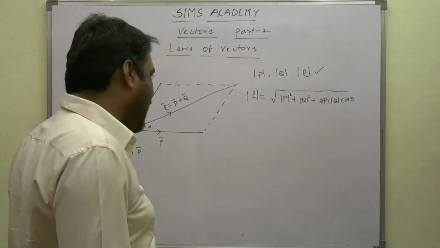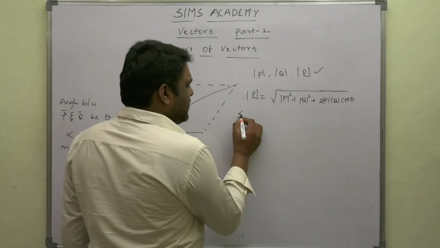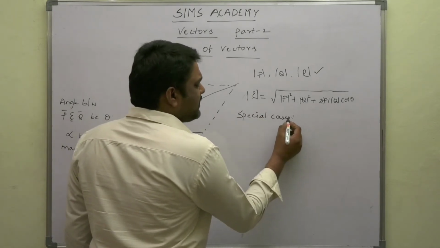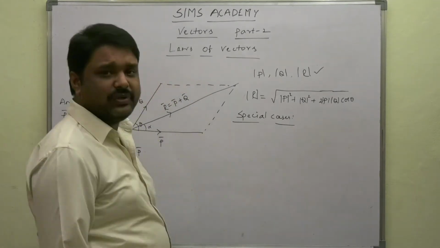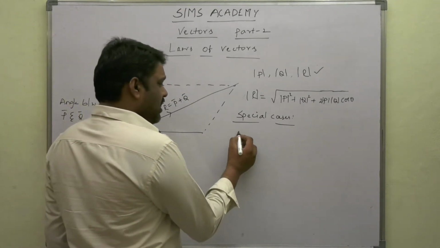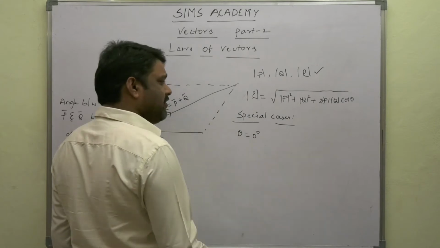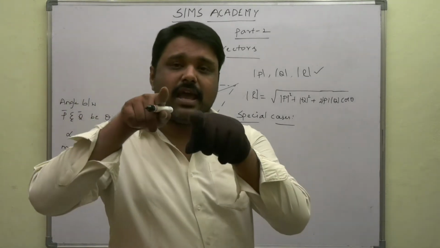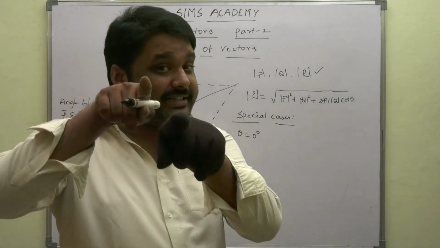Now, what are the special cases? Special cases we have to see here. If theta equals 0 degrees, that means they are parallel vectors.